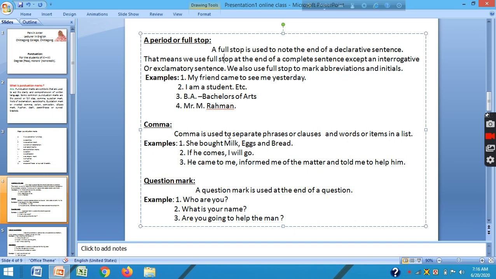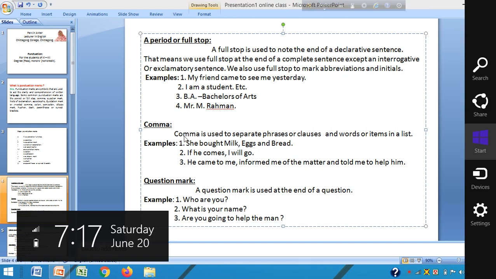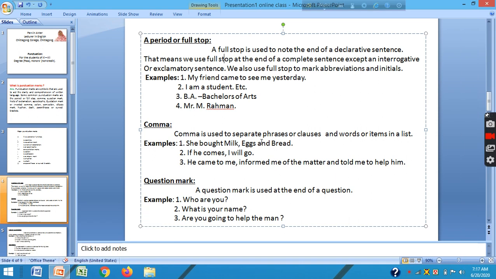Comma is used to separate phrases or clauses and words or items in a list. For example, number 1, she bought milk, eggs, and bread. Here you can see milk is separated from eggs and eggs is separated from bread by the use of comma.